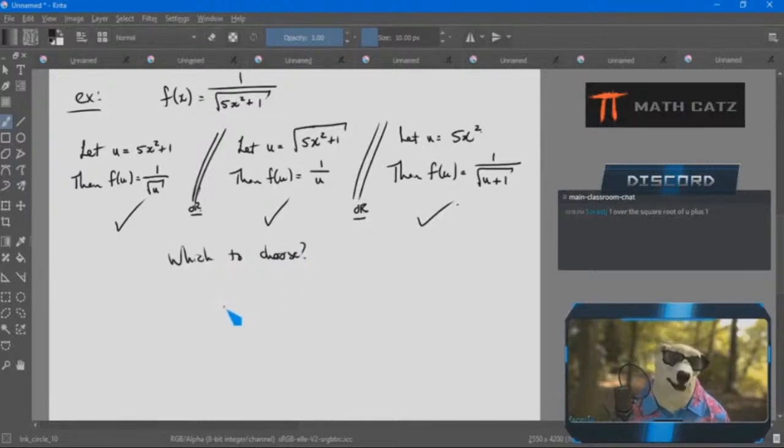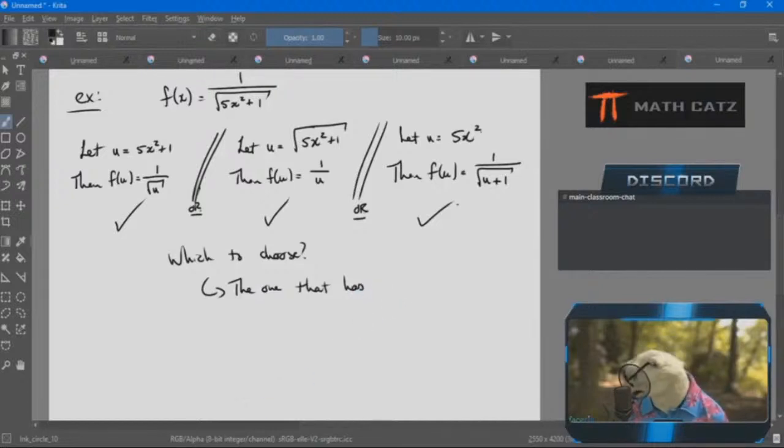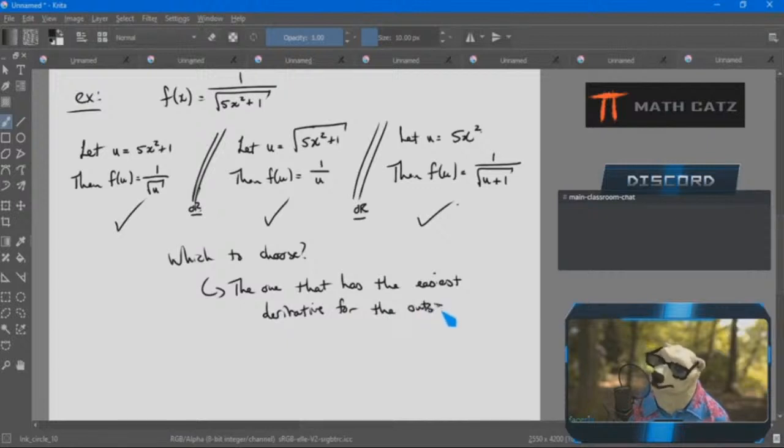As a general rule, to increase my chances of success, choose the one that has the easiest derivative for the outside function.